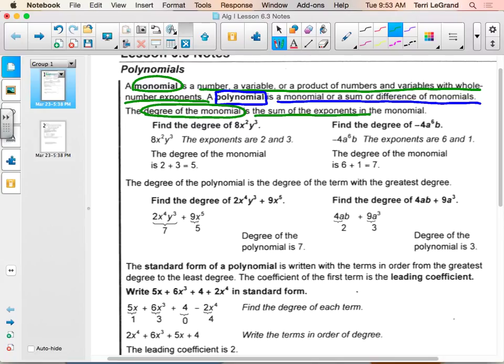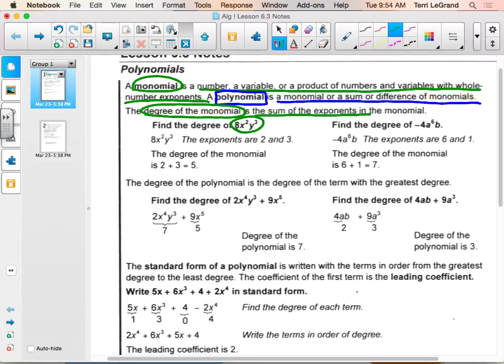Okay, so let's look at this monomial that's here first. It says, find the degree of 8x squared y cubed. Let's circle that with that color. If they ask you for the degree of that monomial, notice it's a monomial because there's no addition or subtraction going on in it. Only multiplication: 8 times x squared times y cubed. One term.